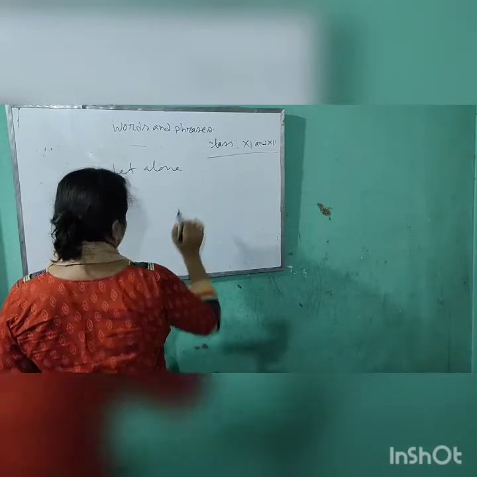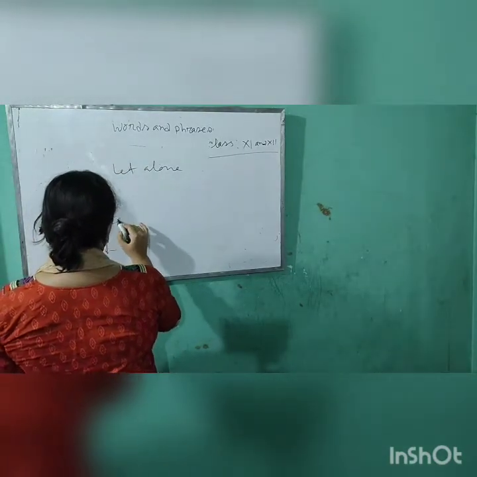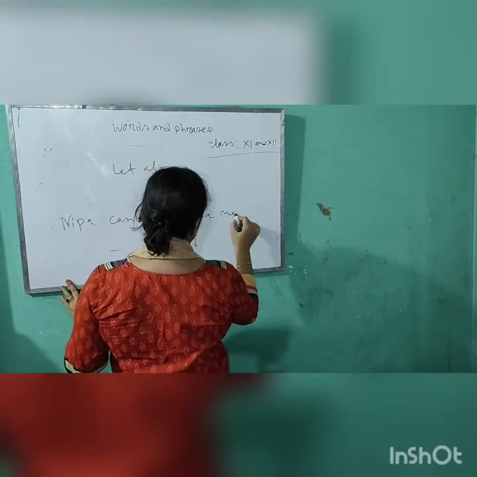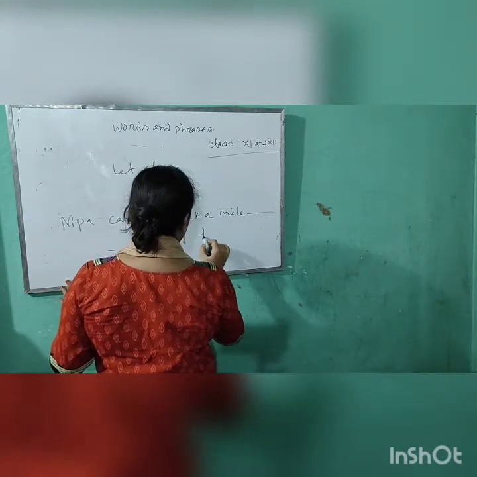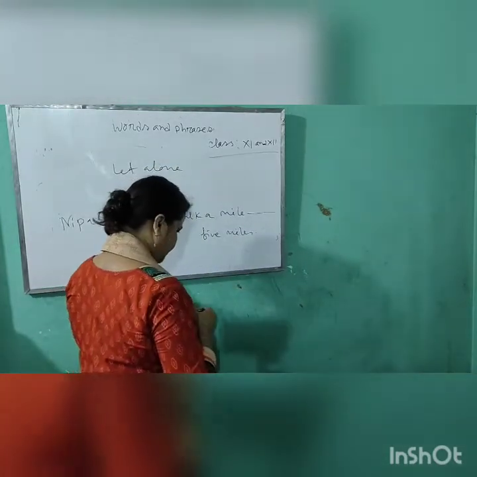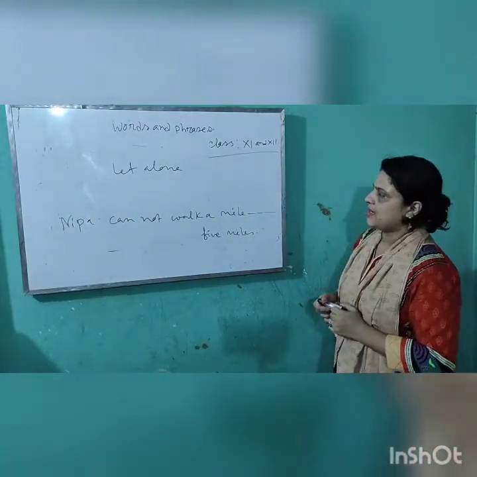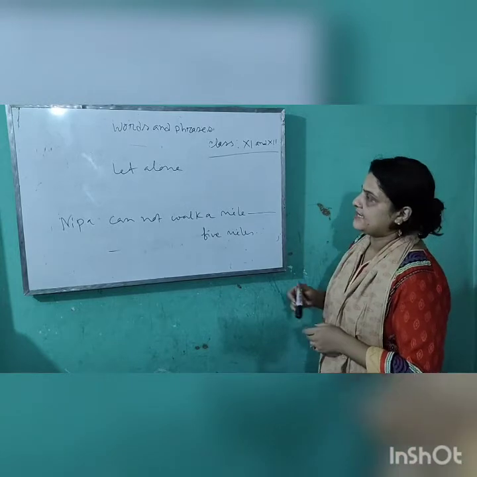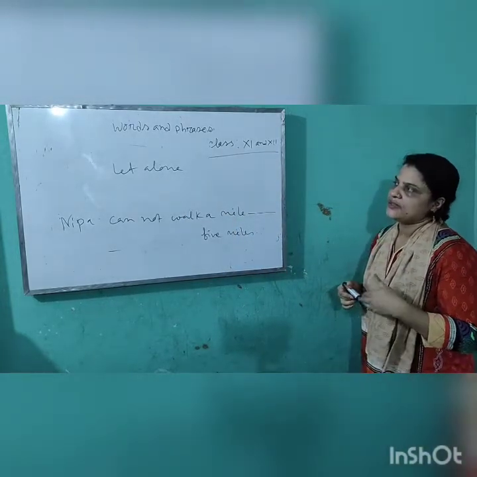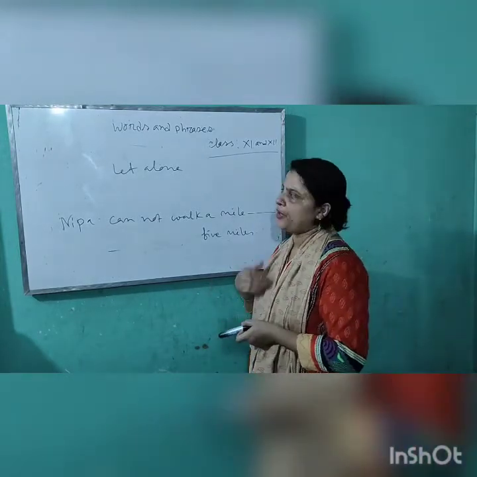Let alone. Nipa can't walk a mile, 5 miles. So here you say Nipa can't walk a mile, dash 5 miles. Let alone means that we can't imagine, that we can't think. So it is beyond imagination or beyond thinking.